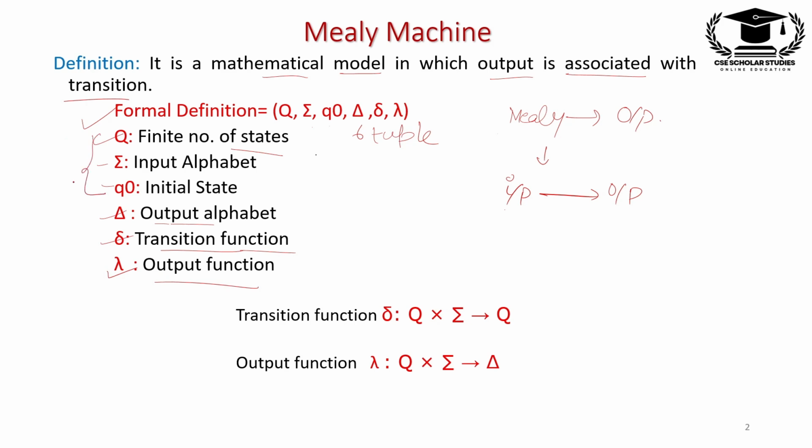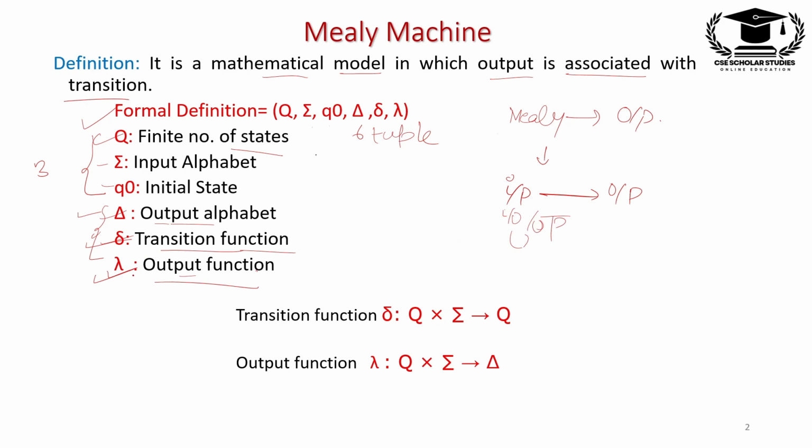The first three tuples are the same as those for DFA and NFA. We need to remember that capital delta is the output alphabet, small delta is the transition function, and lambda is another tuple which represents the output function. Meaning in Mealy machine there is an input and correspondingly there is an output for that particular input.